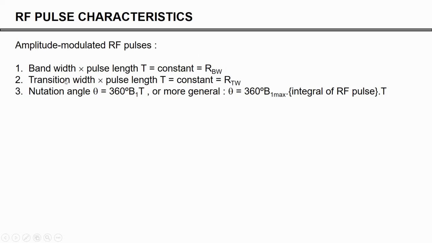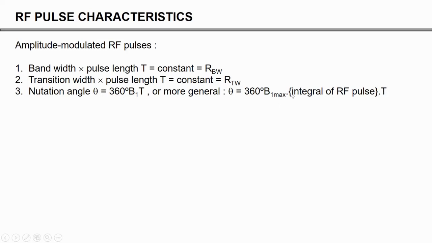The transition width times the pulse length is also a constant for a given flip angle, and we'll denote that as R transition width. Then the equation from the very first slide of today's lecture determines the flip angle: 360 degrees times the B1 times the duration. Or for a shaped RF pulse, you need to incorporate the integral of the RF pulse times the duration times the maximum amplitude.